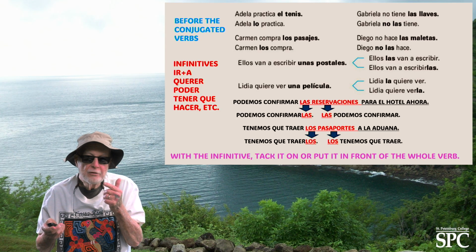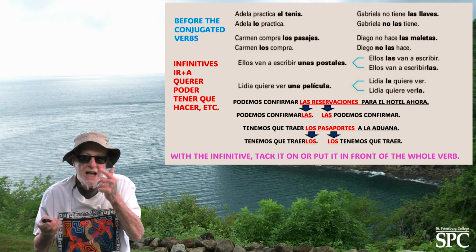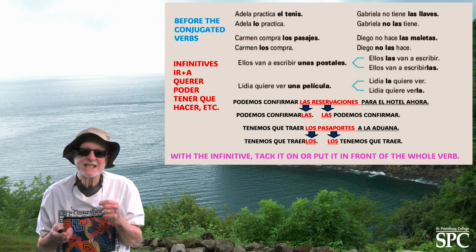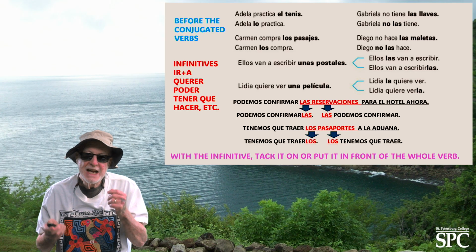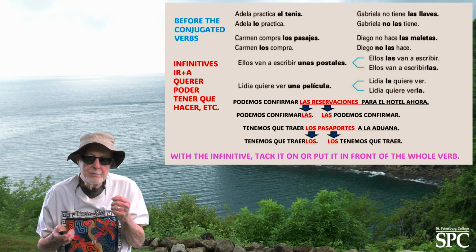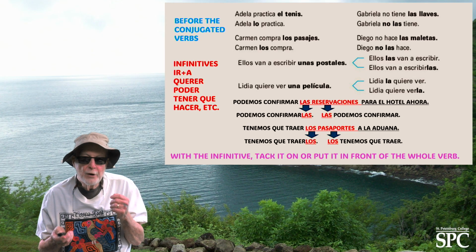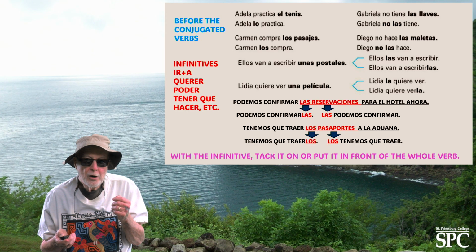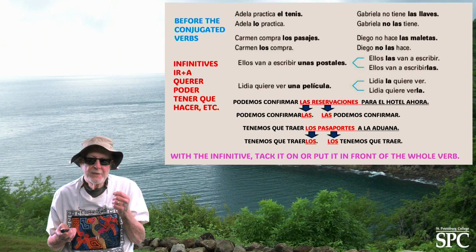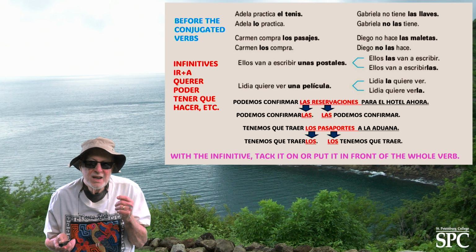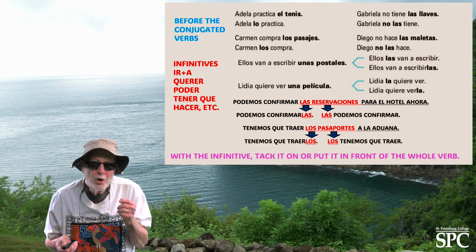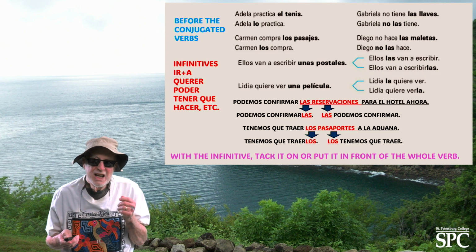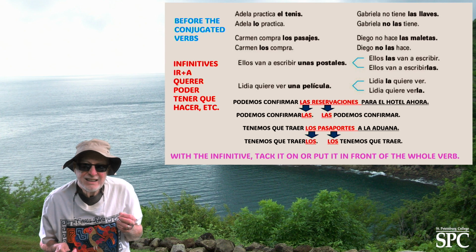You take your cue from the article. What's the article with las reservaciones? It's las. So you're going to say las. Now we can put it at the end of the verb, the infinitive, or we can put it in front. As you see, podemos confirmarlas or las podemos confirmar.